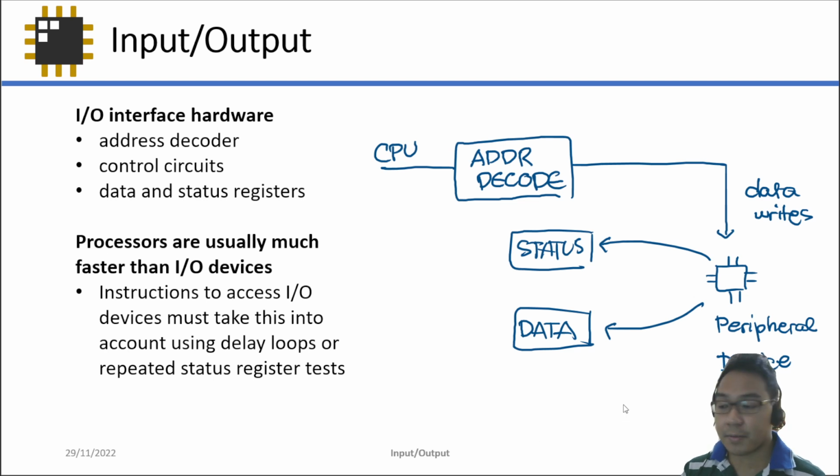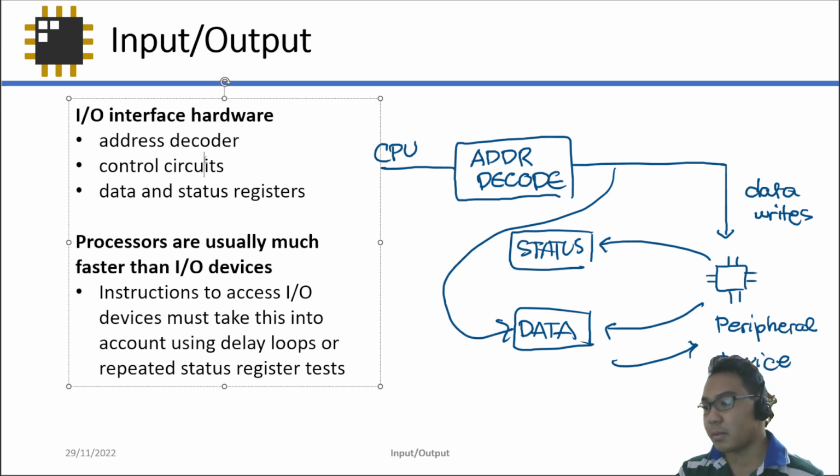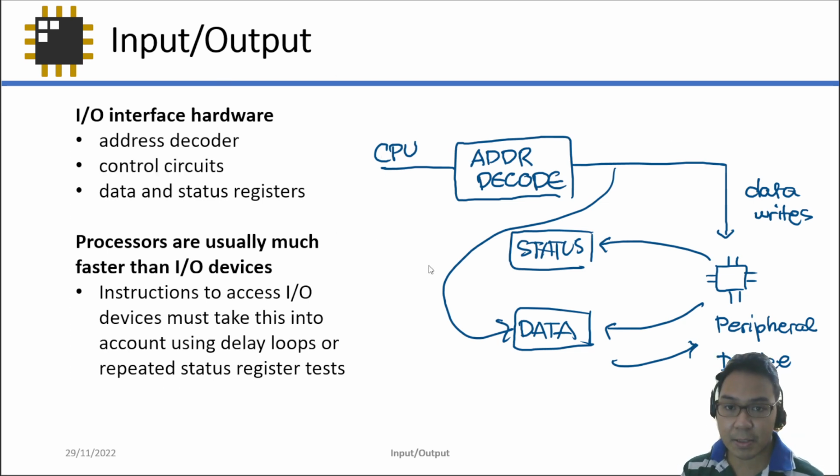So the peripheral device puts its data inside the data register, or rather, we can also say we put in data that we want to write into the peripheral device into the data register, which the device then uses. Now, we also have control circuits that control the peripheral device, that is, whether or not it's enabled and so on and so forth. Also, its configuration.